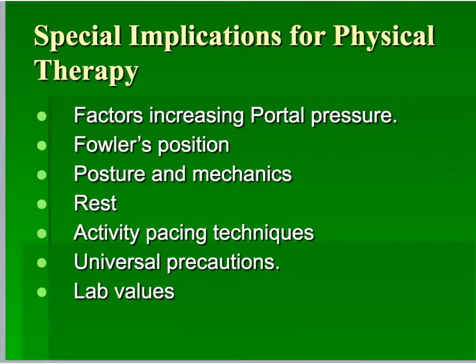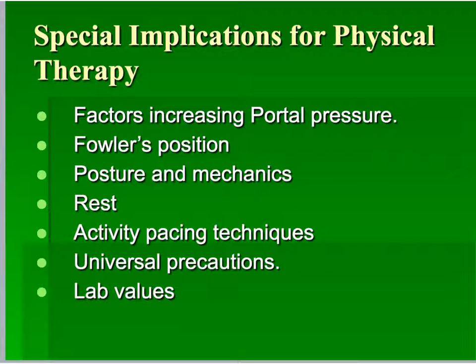Sometimes we may want to prescribe an assistive device for a patient to allow them to conserve their energy and make it easier for them to do the activity. We want them to use universal, now known as standard, precautions. We used to call it universal precautions, but now we changed the terminology to standard precautions, which is hand hygiene.